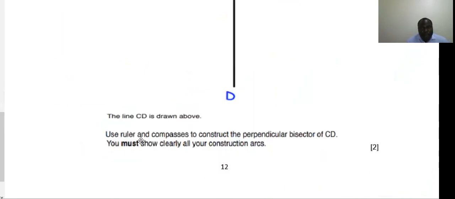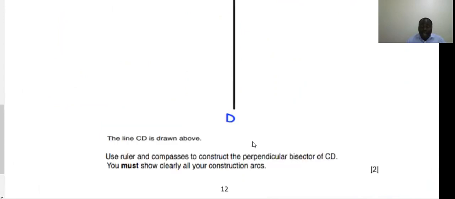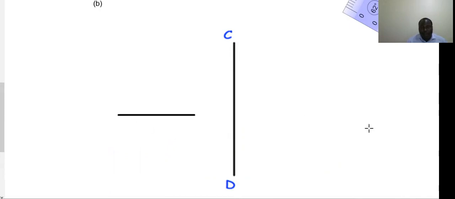Use a ruler and compasses to construct the perpendicular bisector of CD. Now this time we are given a line, and on this line we are supposed to draw what we call a perpendicular bisector. A perpendicular bisector is any line that cuts this line into two equal parts, and it should make 90 degrees here, 90 degrees there, 90 degrees here, 90 degrees there.